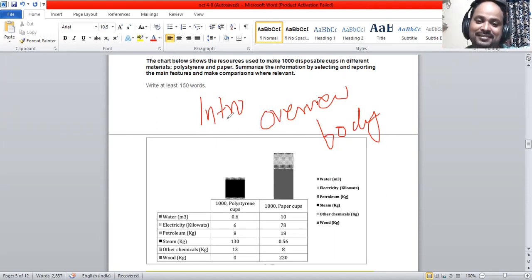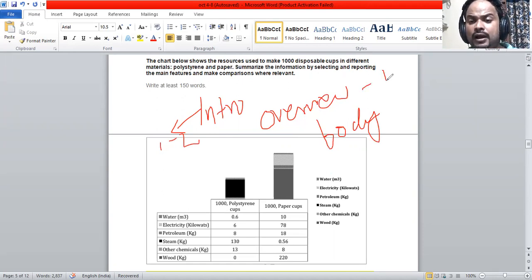So, introduction. What do we have to include? What is the picture? The picture is a stacked bar diagram. And what is it about? It's about making 1,000 polystyrene and paper cups, and the resources used. So we can frame 1 to 2 sentences here.